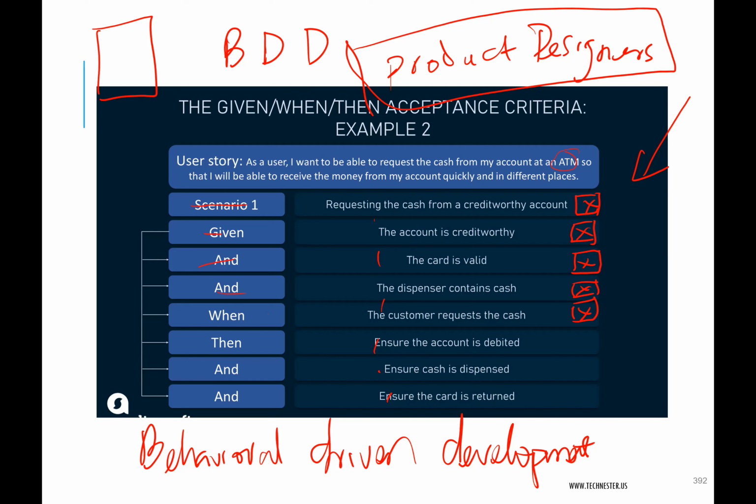So you are now stating your actions. When I click on the product and I click add to cart, then the system will add them to the cart and update the total cost and update the number of products in the cart. And that's your then. So it's the same way we would normally describe stuff. It's just more structured.